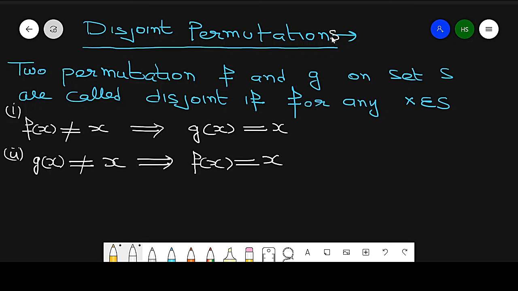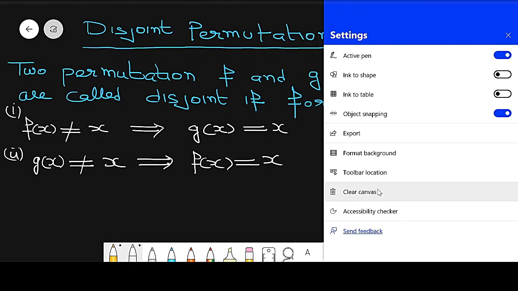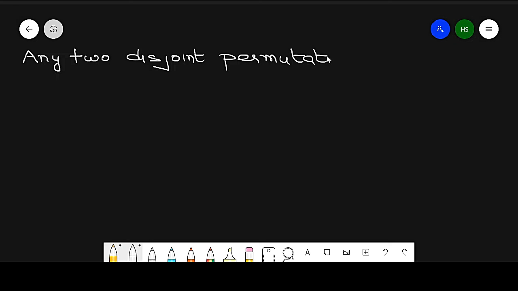Now the next result, which is very important: any two disjoint permutations commute. So what is the statement? Any two disjoint permutations commute to each other.